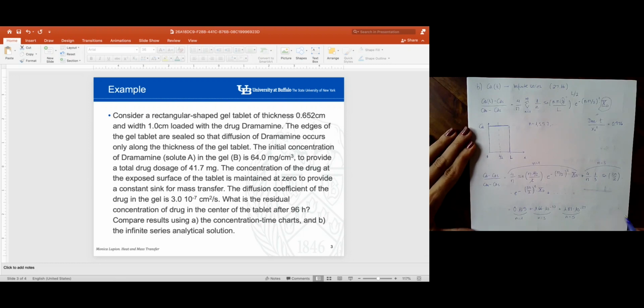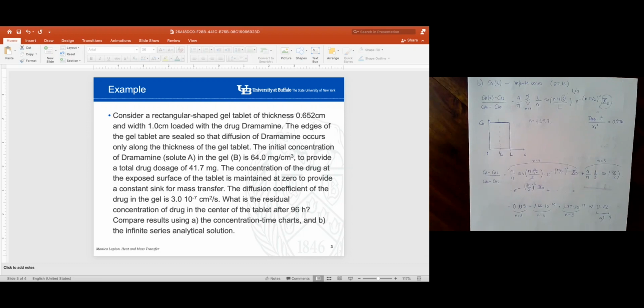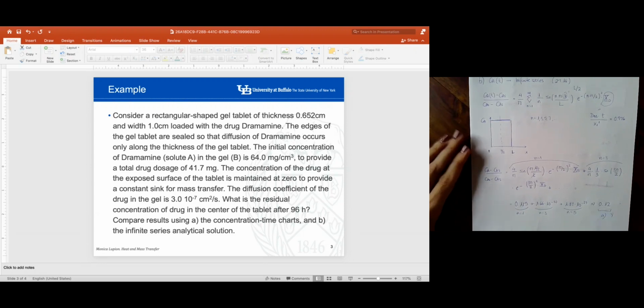So you can stop here, and in this case, you can see that this number is going to be very, very close to 0.12, which is the value of y that we got in the first section. So you can see that, although the concentration chart is not as accurate as the analytical solution, we are very, very close.